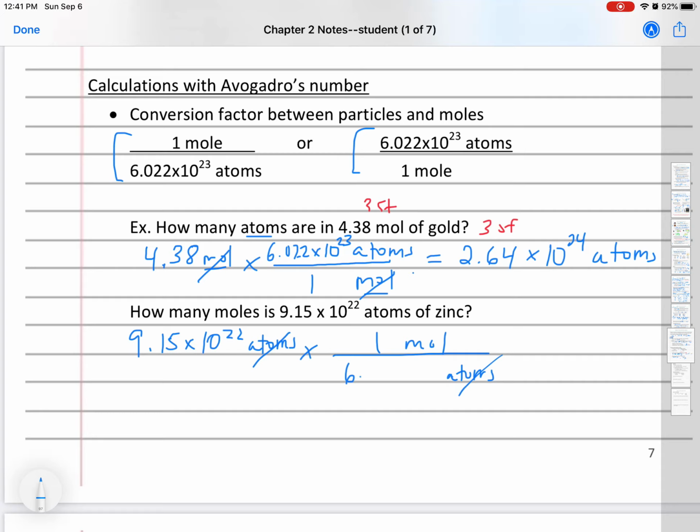So my atoms will cancel out. 1 mole over 6.022 times 10 to the 23rd atoms. And so this is a division problem now. 9.15 times 10 to the 22nd divided by 6.022 times 10 to the 23rd, and the answer is 0.152 moles.